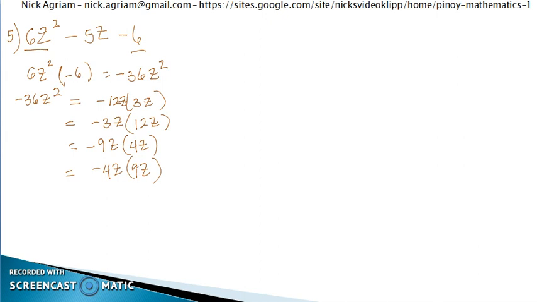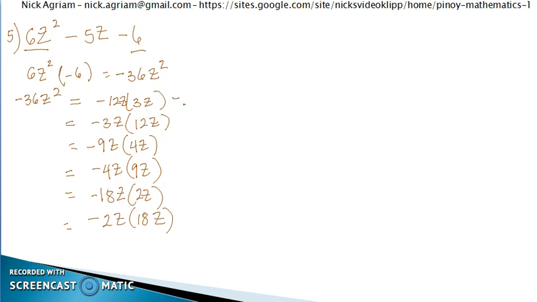Or 18 times 2, we will do 18 times 2. Negative 18 zeta times 2 zeta, and then negative 2 zeta and 18 zeta. Those are the factors that we will consider.